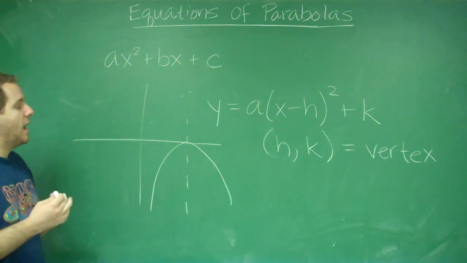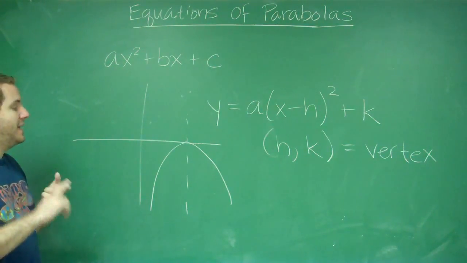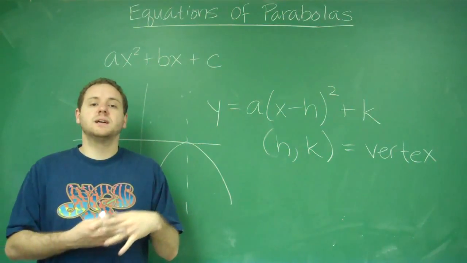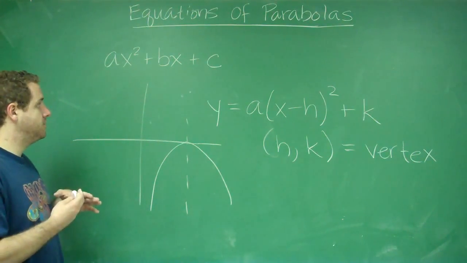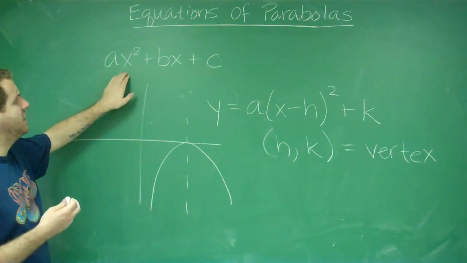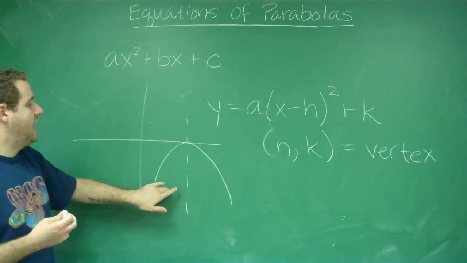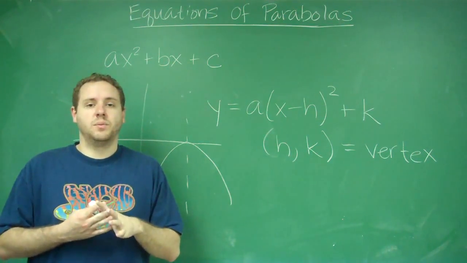So the equations of the parabola are essentially dependent mainly on the vertex. And we're going to get into vertex formula in a different video. But knowing that a quadratic equation always gives you a parabola is very handy information.